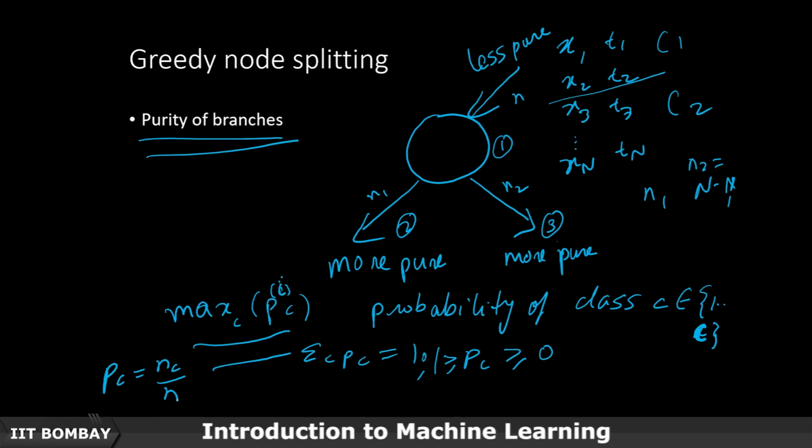The other way of looking at purity is to look at entropy. Entropy doesn't look at just the max. Your entropy is going to be negative sum over C of Pc times log of Pc.